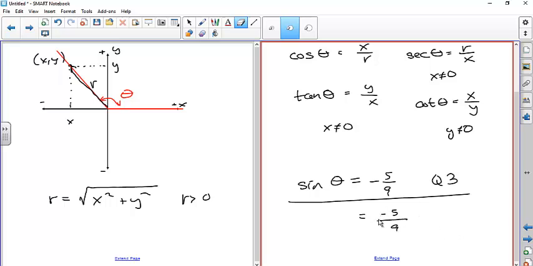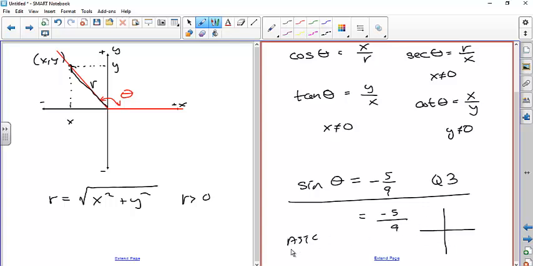So this says we have a negative y value, which means if we're looking in terms of the quadrants, the sine can be negative in the third and fourth quadrants. All students take calculus, so you can see the sine is positive in the first two quadrants, hence it must be negative. But it says it's in the third quadrant, so we can draw a line here down into the third quadrant, and we know r is positive because it's the distance.